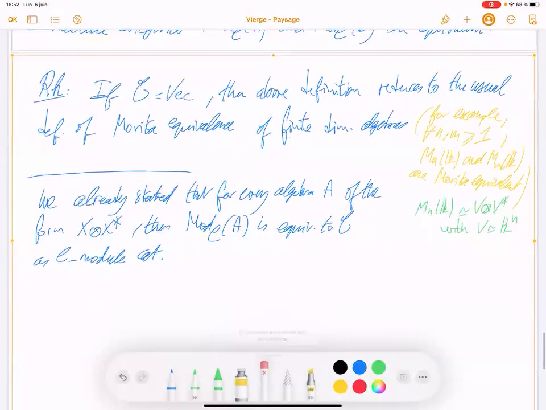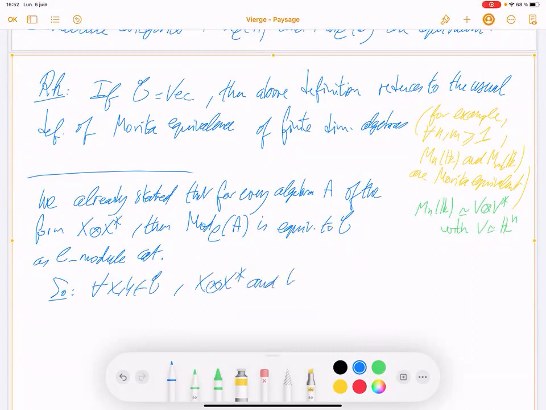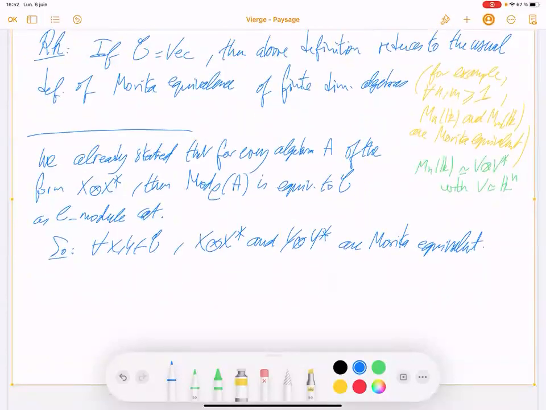So for all X and Y in C, X tensor X star and Y tensor Y star are Morita equivalent. You can see this is an exact generalization of above, what is written in yellow.